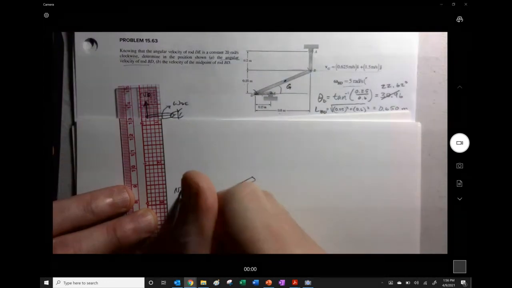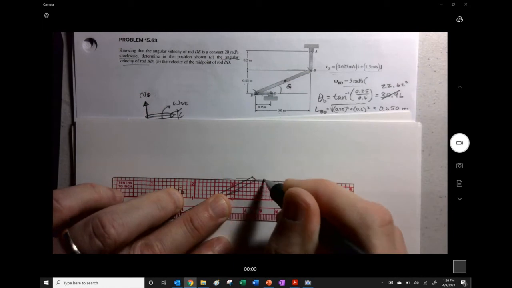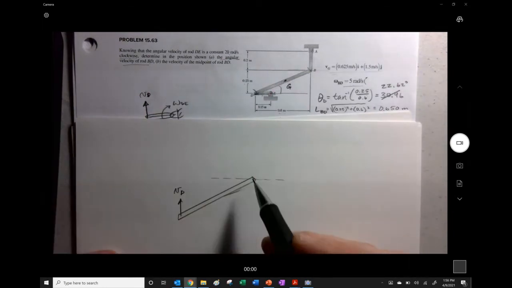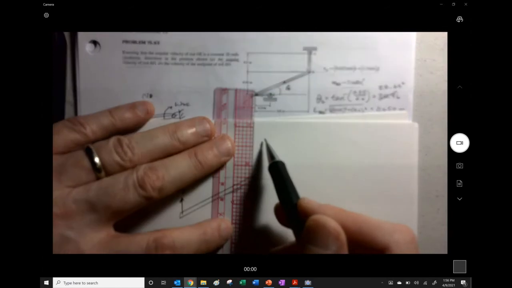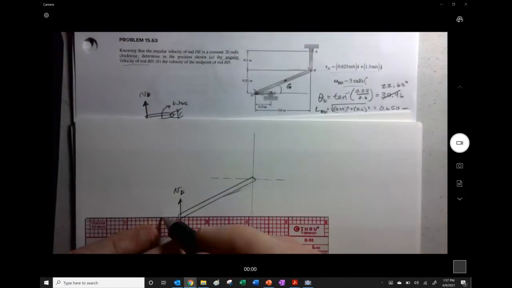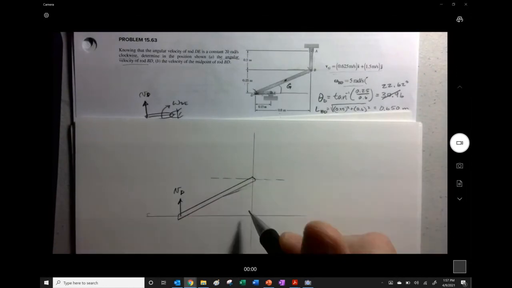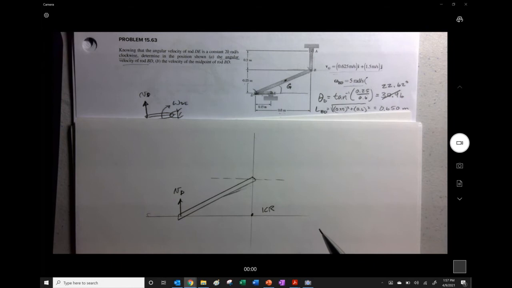That's going to be our VD. And this one is constrained to go in that direction. So if we start drawing a perpendicular line to that and a perpendicular line to this, we can find our ICR.